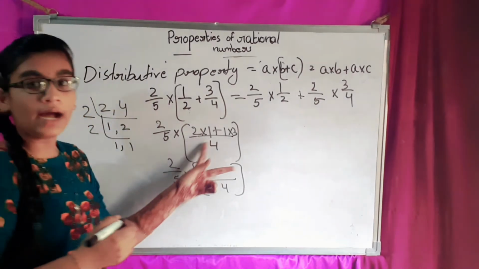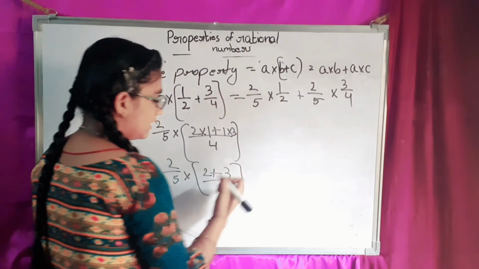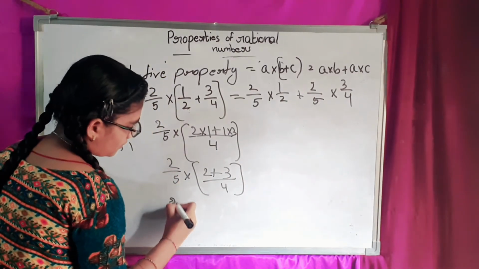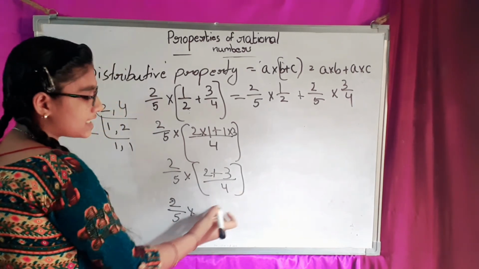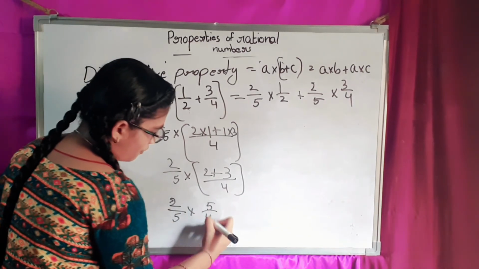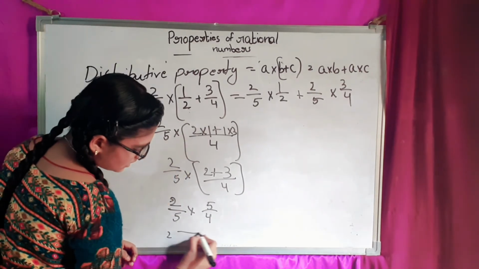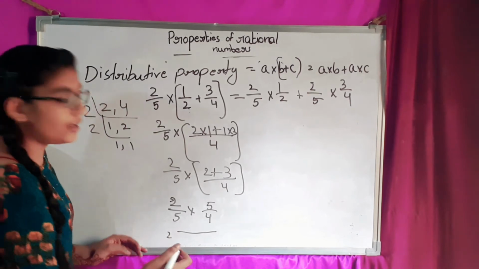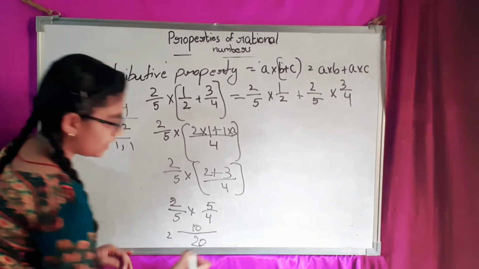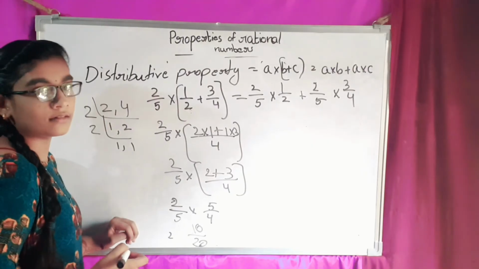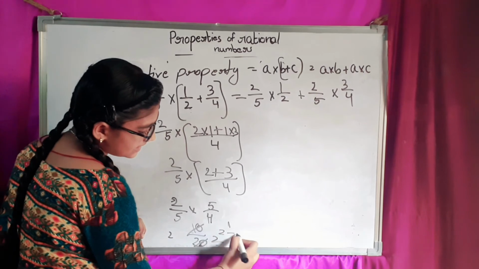Here 2 into 1 is 2 plus 1 into 3 is 3. 2 by 5 into 5 by 4. Now here we have to do multiplication. 5 into 4, 20. 2 into 5, 10. We can cancel this. 10 ones are 10, 10 twos are 20. Answer is 1 by 2.